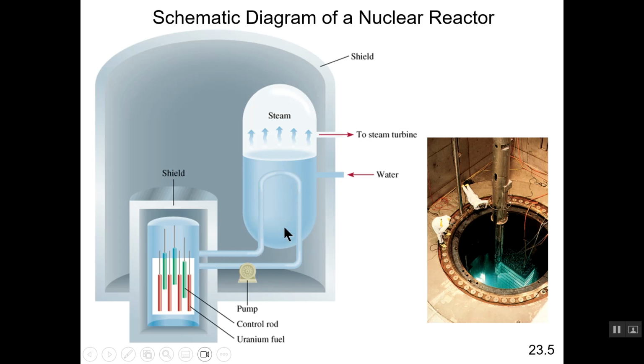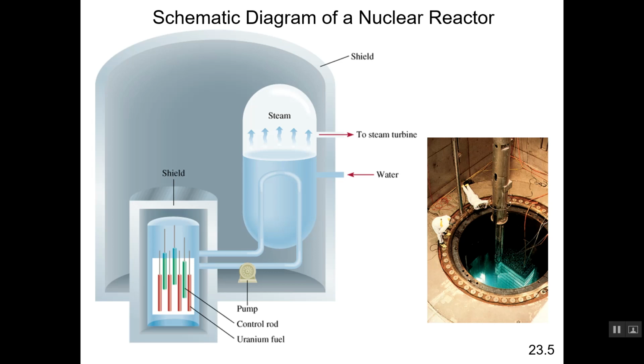And that allows the heat energy to be transferred from the water in the pipe to the water in this container here. That generates steam, which leads through this outlet into a steam turbine, and that, of course, converts the heat energy into electrical energy, which will be fed into the external grid.